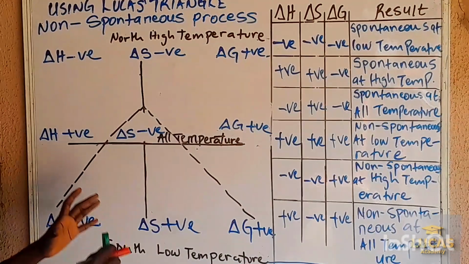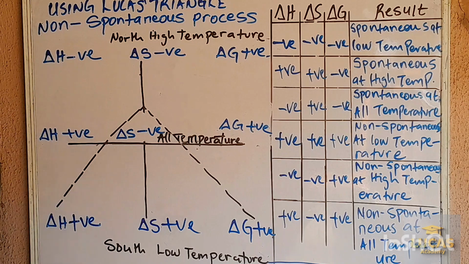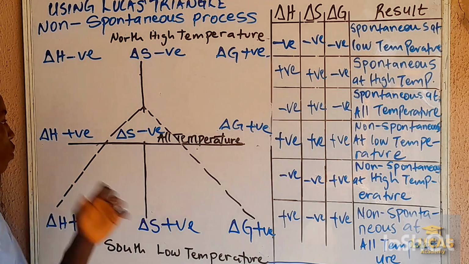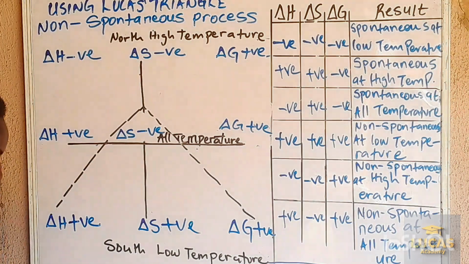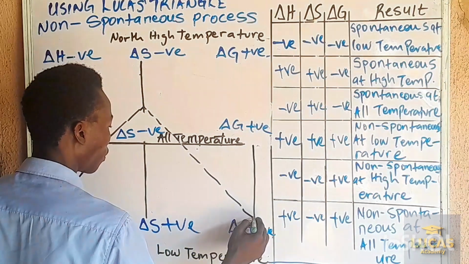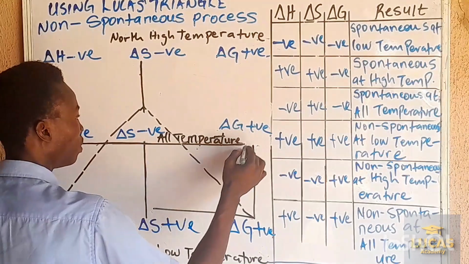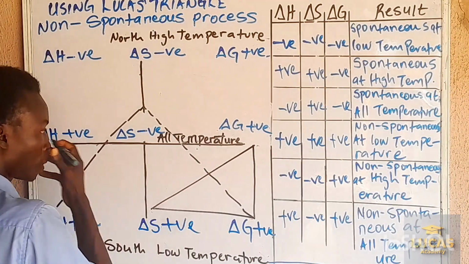Okay, so that is how to make use of what we call the Lucas triangle to find out whether what you have done here is right or wrong. It's very simple. Just make a right angle triangle from here. That's the easiest way to detect whether what you have done is right or wrong.